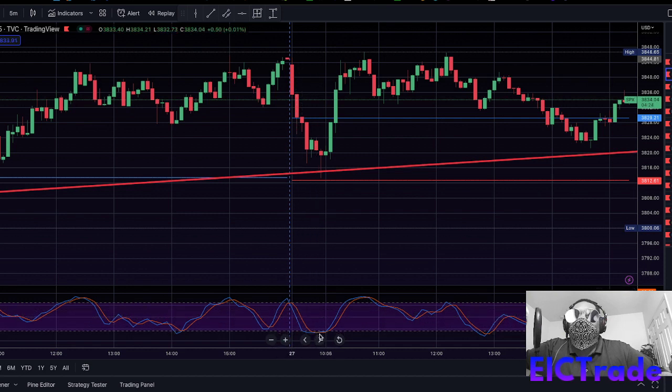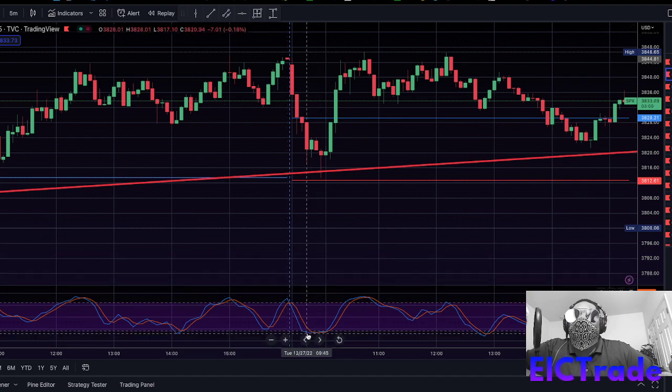So what I saw as it approached this area of support here, if you look down at the stochastics, you can see the stochastics is below the 20 line. Now, if you know how to read the stochastics, when it's below the 20 line, the market is in oversold territory. What I used to do when I first started trading is I used to place a trade once it entered oversold territory. But the market can hang out in overbought and oversold territory for a while.